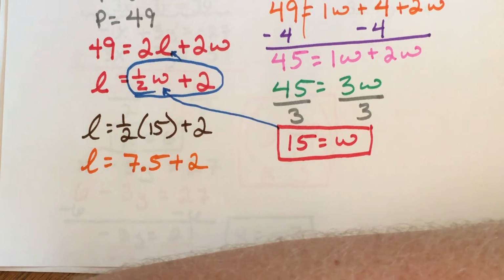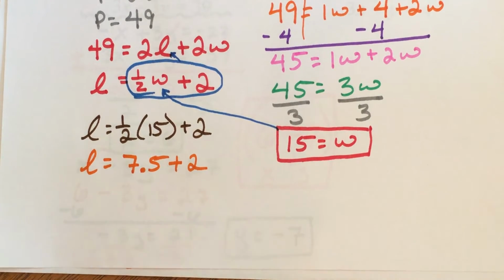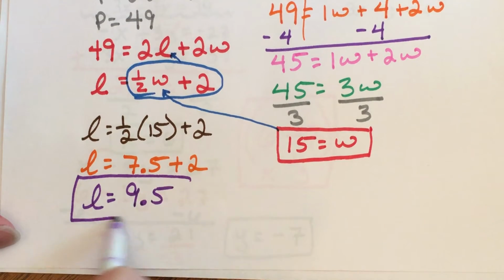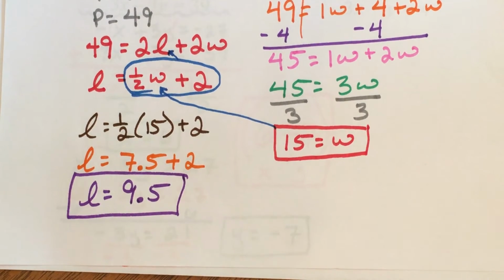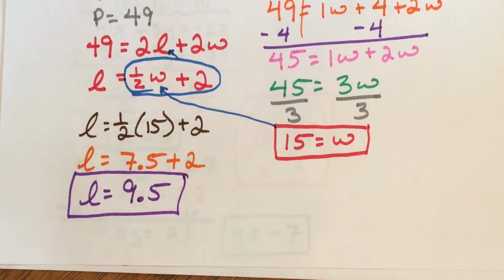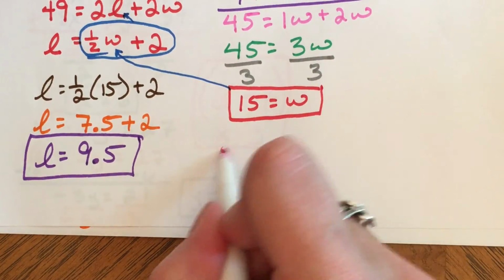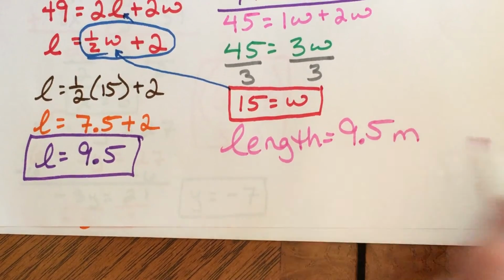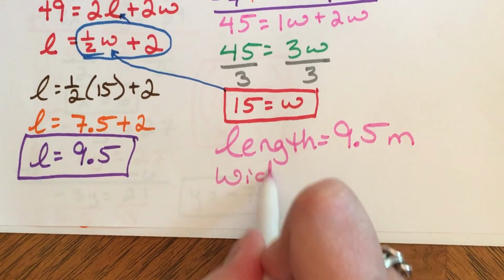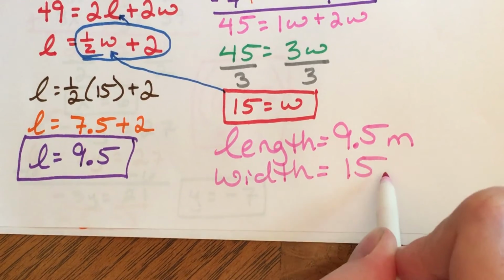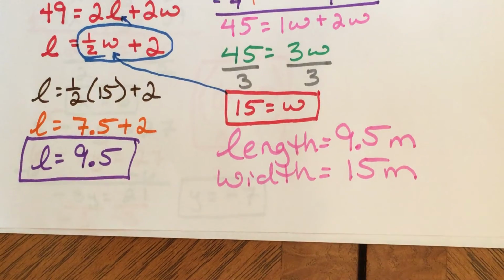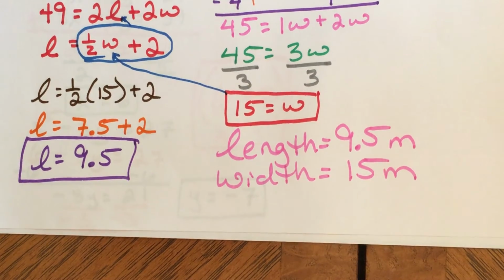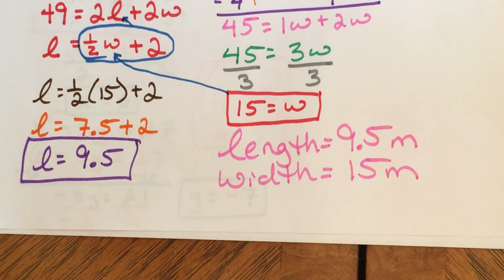And to finish this off, 7.5 plus 2 is 9.5. Fantastic. So now we know the length equals 9.5 meters and the width equals 15 meters. There is no rule that says the width has to be shorter than the length. Nope, not ever. So this is it.